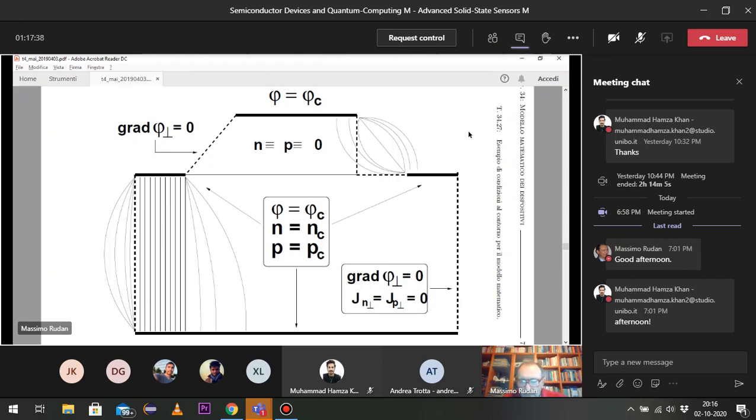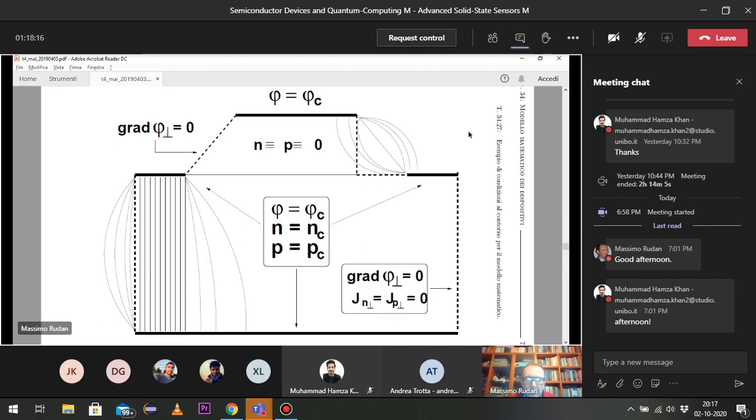So it is possible from the contact voltage to also deduce the voltage of the semiconductor that is attached to the contact, okay? So for the contacts, we do have a good boundary condition. And this is indicated as, you see the symbols, phi equal to phi c. That means the value of the electric potential is given by the electric potential at the contact, okay?